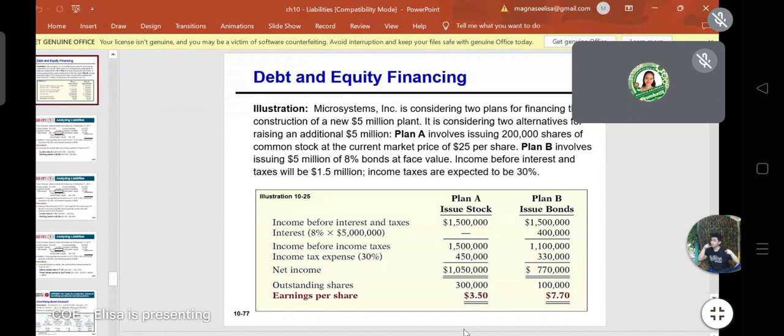Under the foregoing assumptions they pay income tax of 30%, and the existing income before interest and taxes is 1.5. So this is where we are going to take off our evaluation.